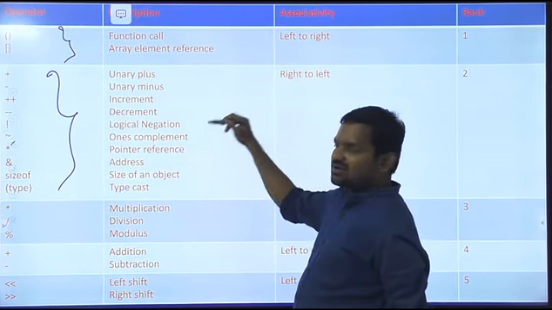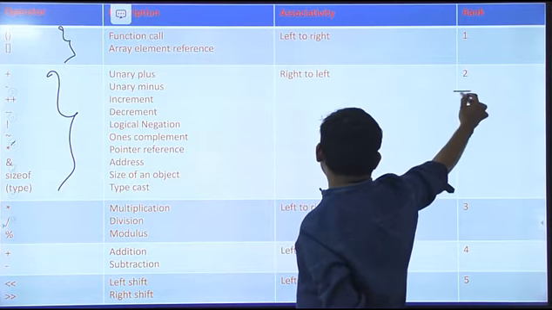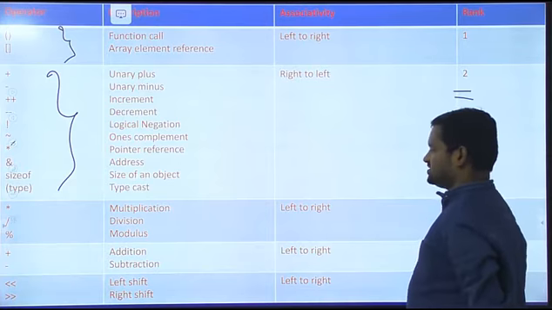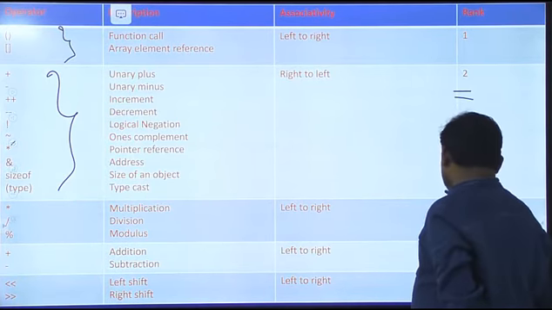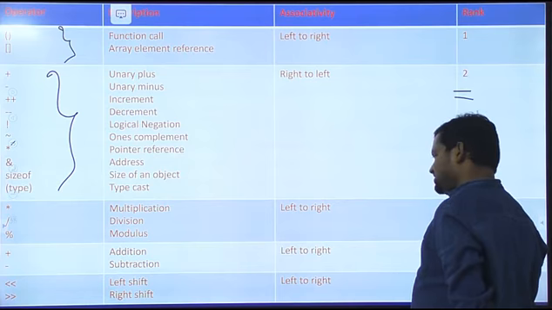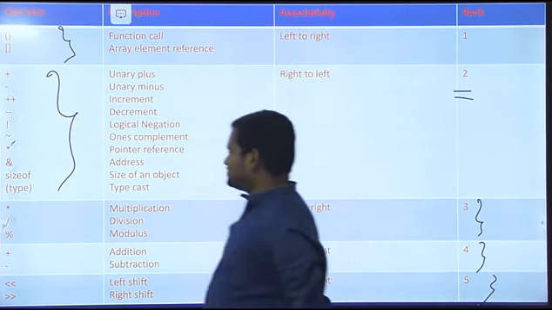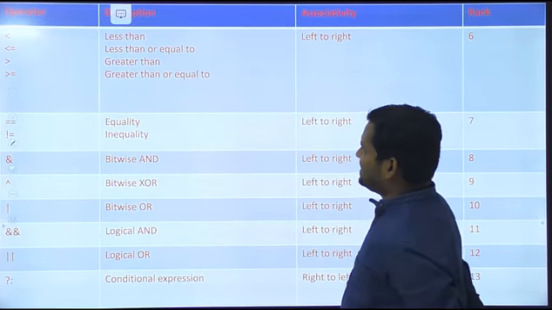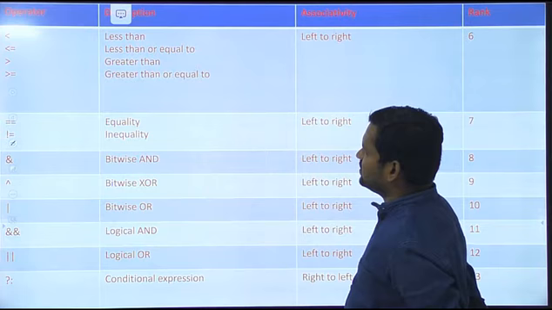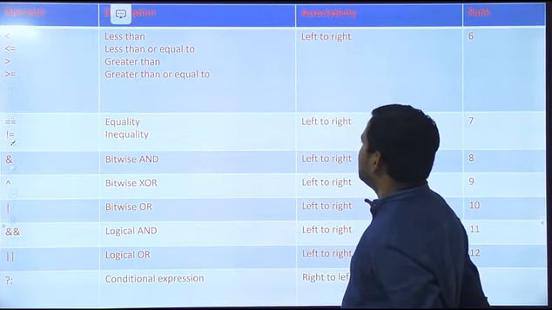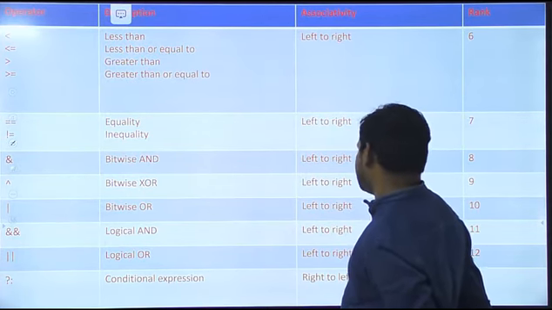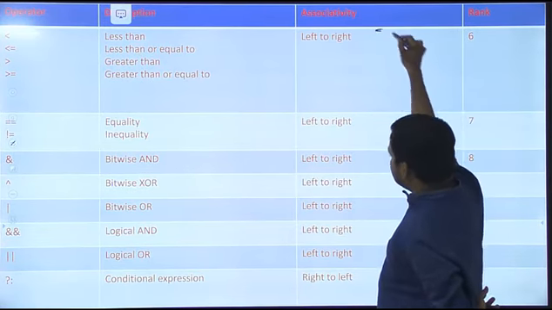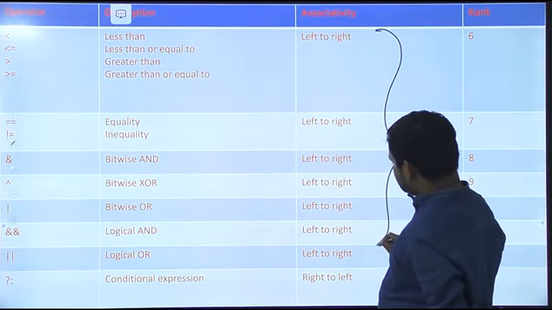Pointers and ampersand come under this category. The next priority is multiplication, then addition and subtraction, then left shift and right shift operators, then less than or equal to, greater than or equal to. All of these follow left to right associativity.